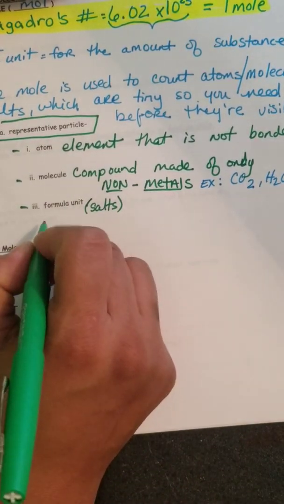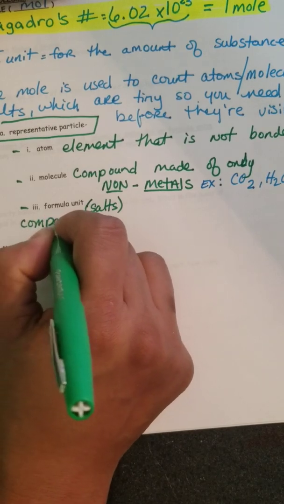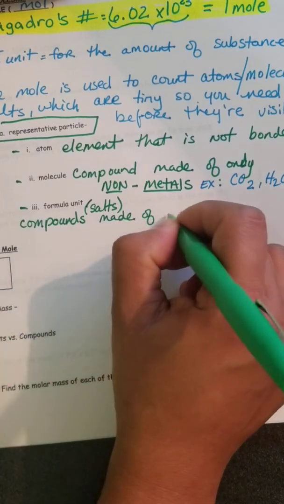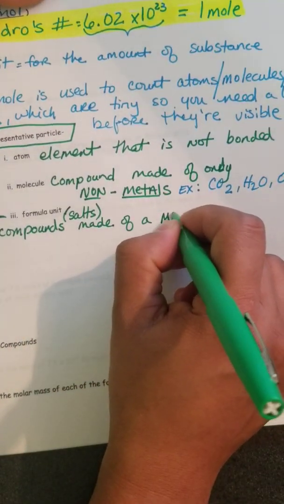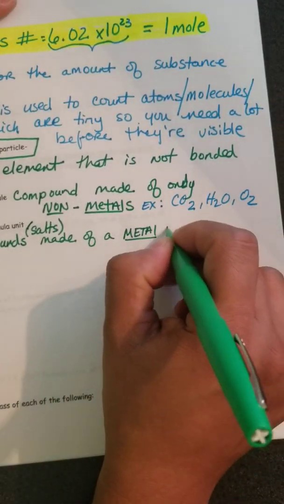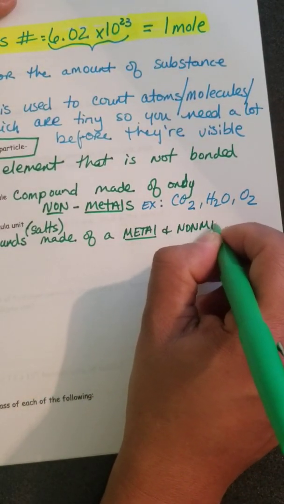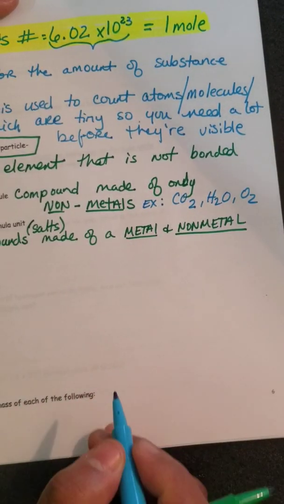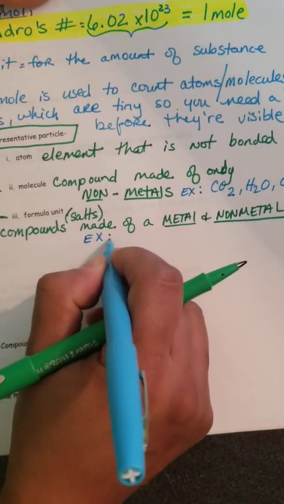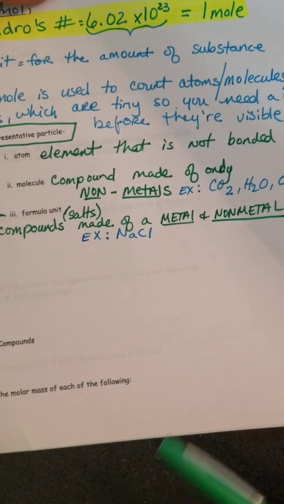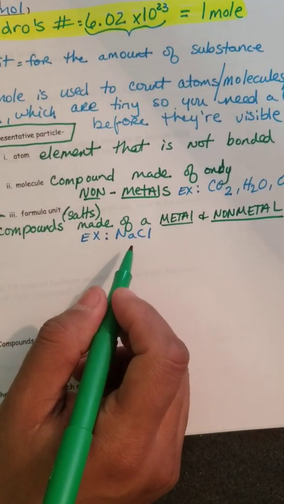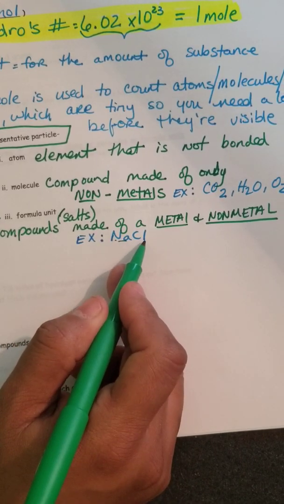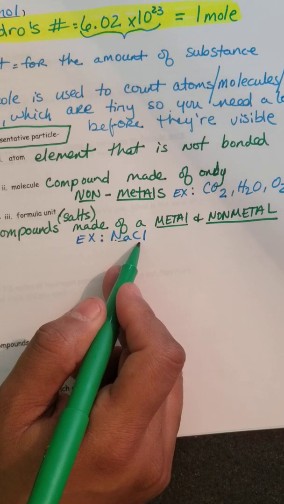Now, formula units are compounds too, made of a metal and a non-metal that are bonded together. So for an example, NaCl, sodium chloride, is table salt that you eat. The sodium is the metal part and the chlorine is the non-metal part.